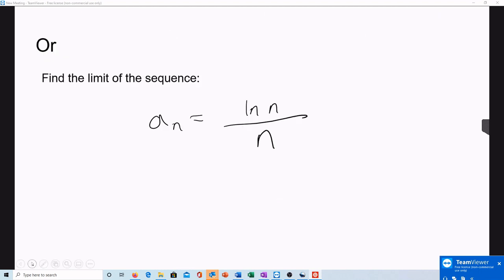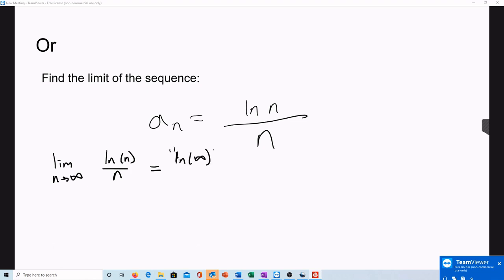Okay, so here's a slightly different example. What happens to this sequence as n gets really, really big? So here's what people want to do. Natural log of n over n. Let me just plug it in. Okay, natural log of infinity.